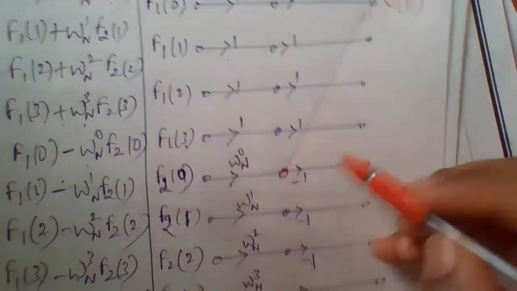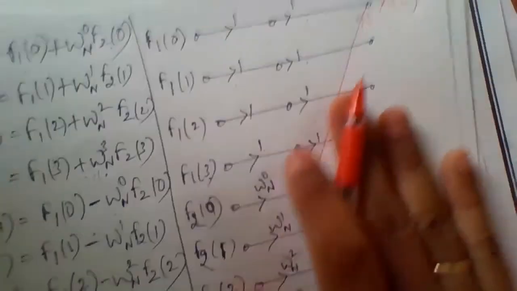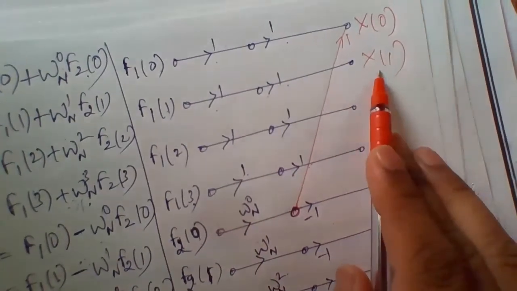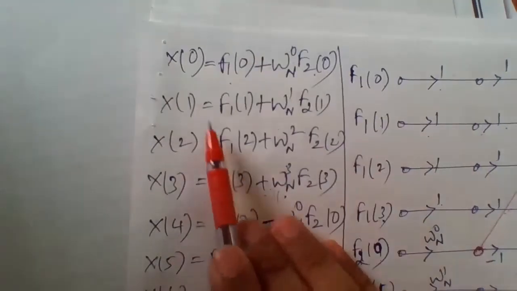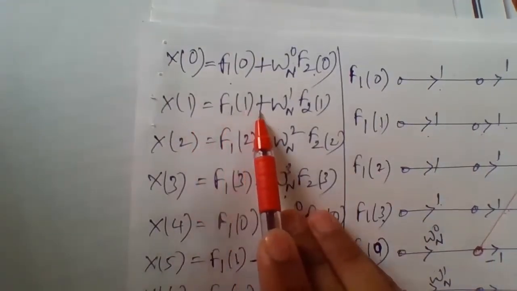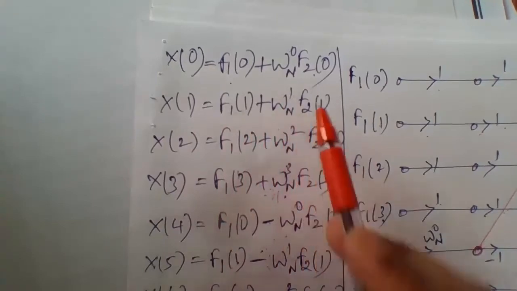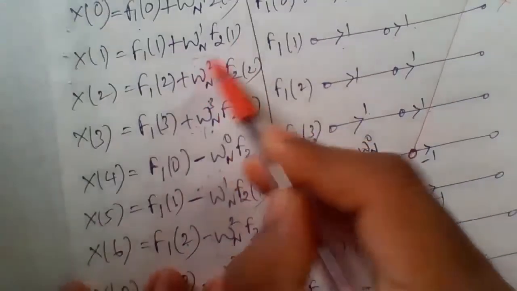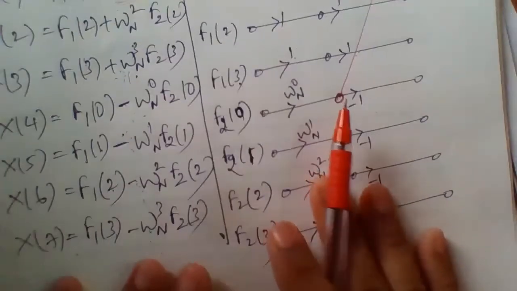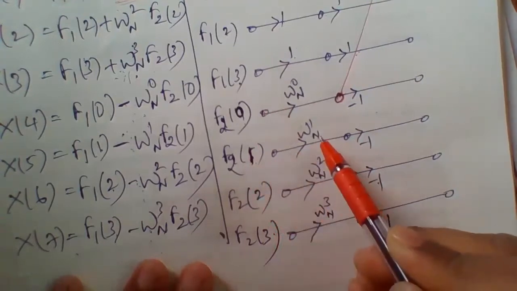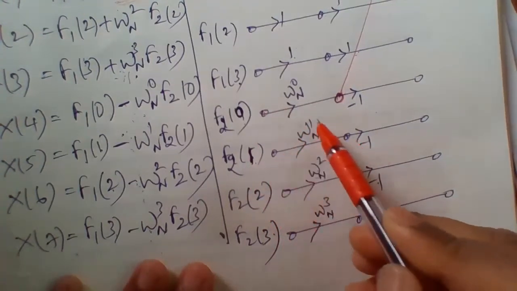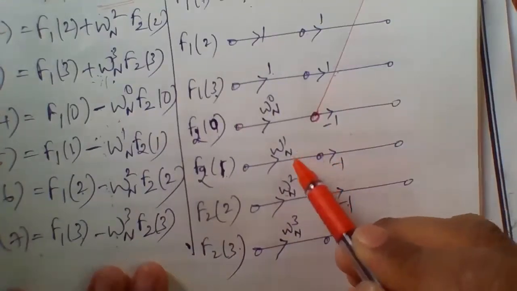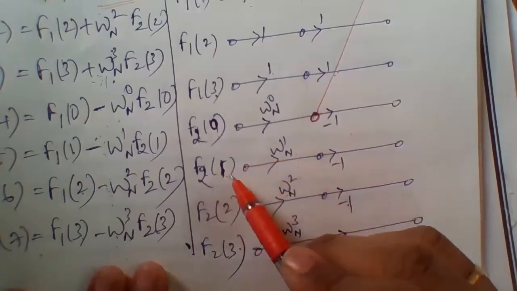Similarly, the next value that we are going to generate is x of 1. According to the equation, x of 1 is f1 of 1 plus w raised to 1 into f2 of 1. f1 of 1 is the second line, already there. Now concentrate on w raised to 1 times f2 of 1: on the next branch, w raised to 1 is already present, so at this node we have the product f2 of 1 into w raised to 1.